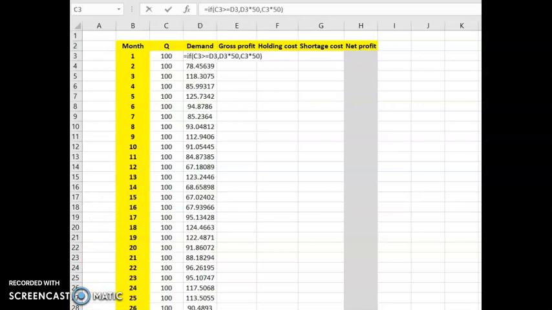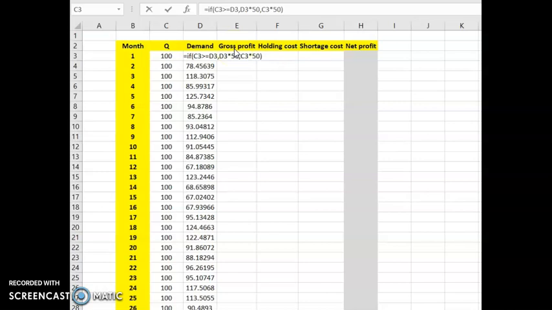Now here we try to populate the column of gross profit. And okay, to calculate the gross profit, we know that the gross profit per each router is 50.